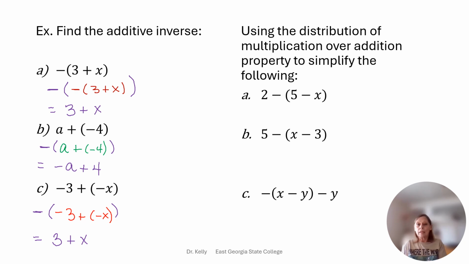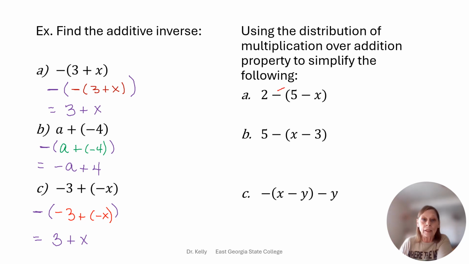Okay. Now, we did learn about the distribution over multiplication with whole numbers, and this actually applies also with integers. Now, one thing that I want to point out here, which is why we have all these examples that basically look the same, is we're distributing through this sign, okay?